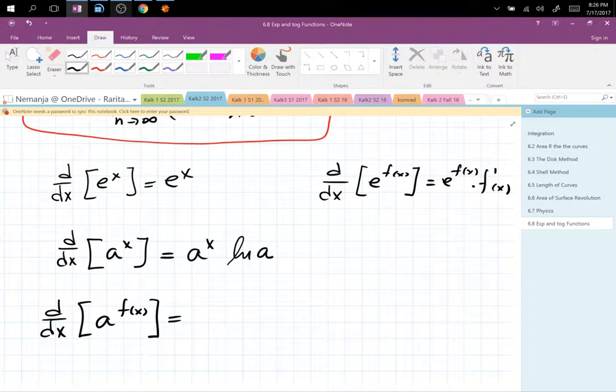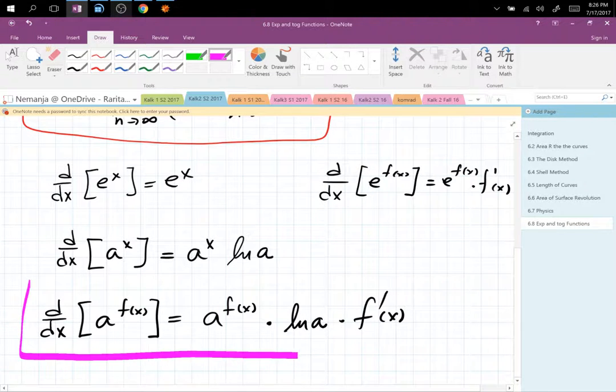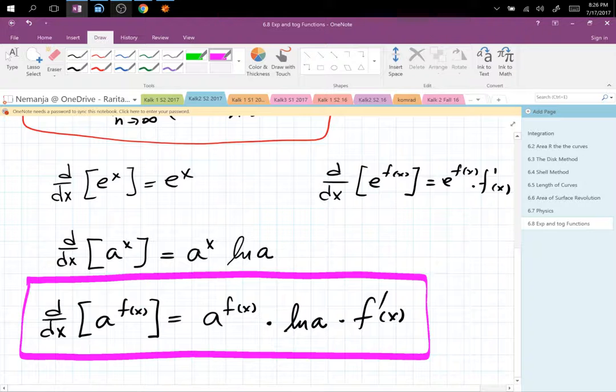Well, first of all, it's exponential, so we have to copy the whole thing, times the exponent. The base is not e, so we have to have the ln a there, and also the chain rule, which is f prime of x. So this is the one that I'm going to box, because this is the boss equation. This covers any possible case of exponential that you can have.